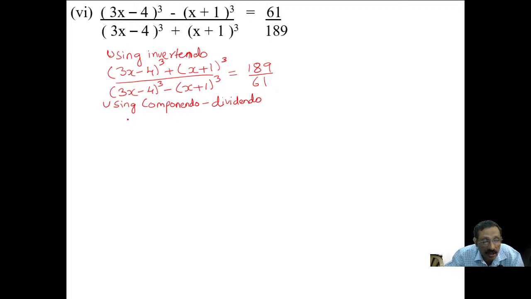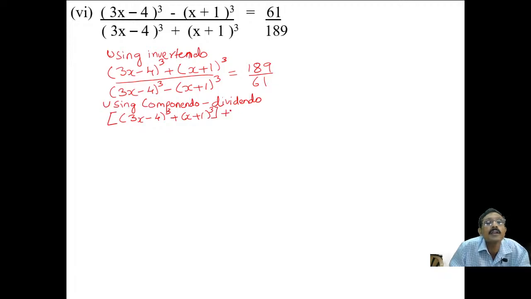Let us first use componendo. We'll put a bracket. After putting the bracket, we'll take this (3x minus 4) cube plus (x plus 1) cube. Now what are we using? Componendo and dividendo.